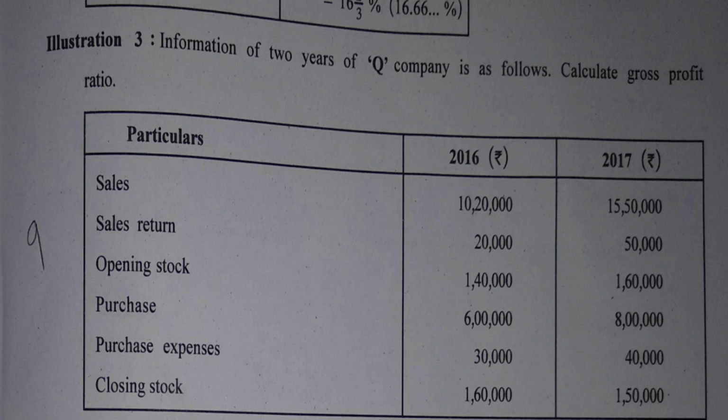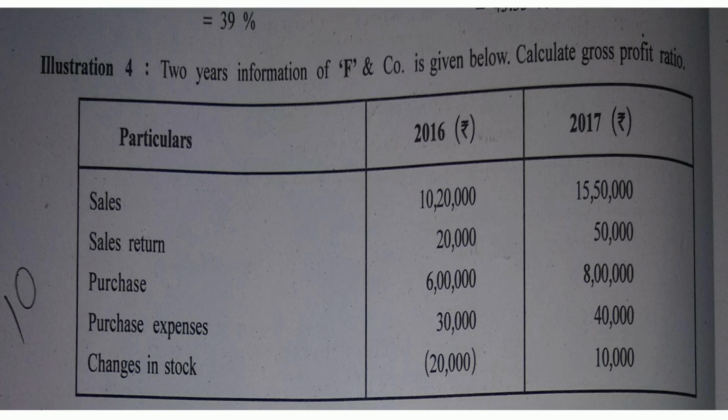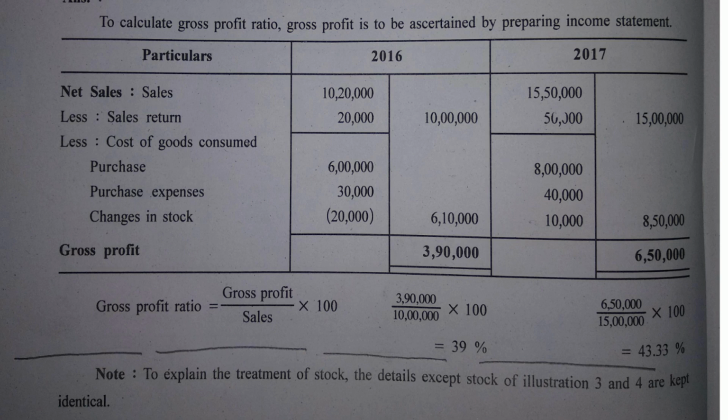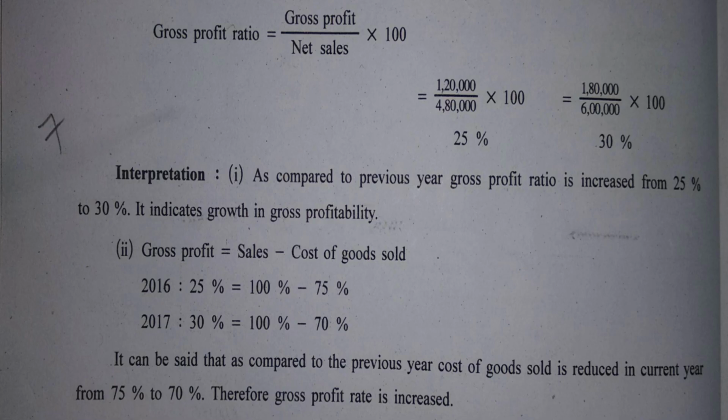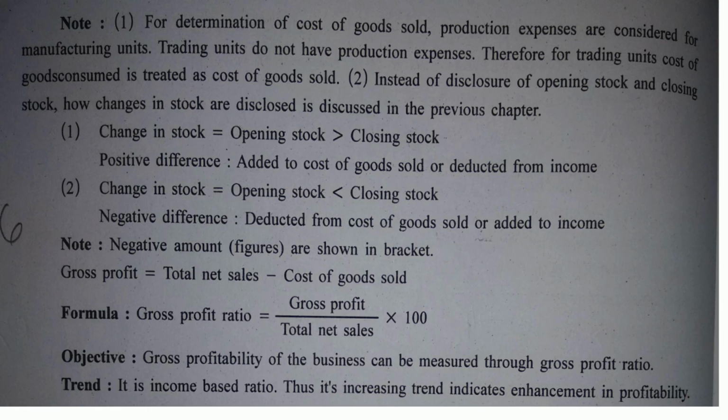The figure presented in bracket is a negative difference and hence is to be deducted. We have deducted. If this was positive, then it is to be added. Negative difference, deducted from cost of goods sold.